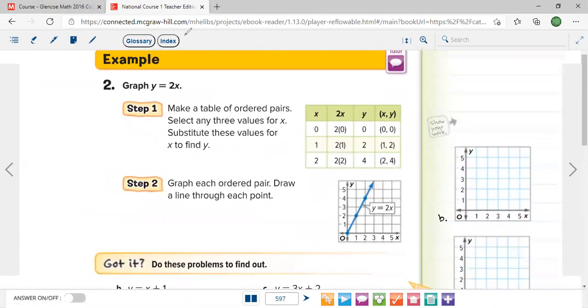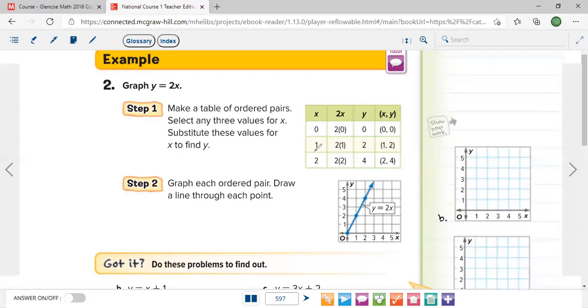Let's take a look at this example, y equals 2x. What does it mean y equals 2x? Means the value of x will be multiplied by 2 to get the value of y. Like this, if I say that x is 0, 1, 2, for example, sometimes you need to put numbers from your mind.